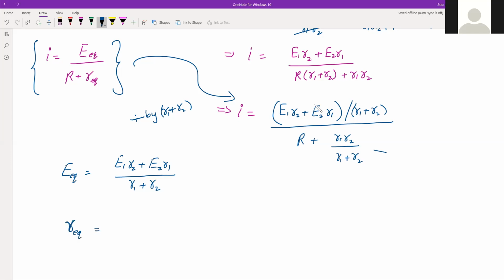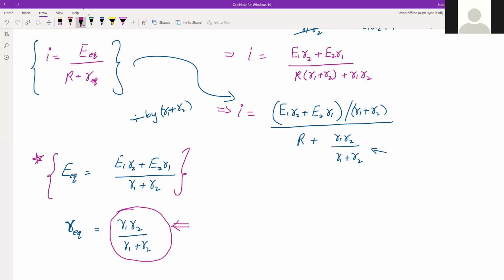This is the equivalent internal resistance, that is R1 R2 divided by (R1 plus R2). This is the same as when these resistances are in parallel, you will get the same result. So the resistances behave as they should, and equivalent EMF is like this.